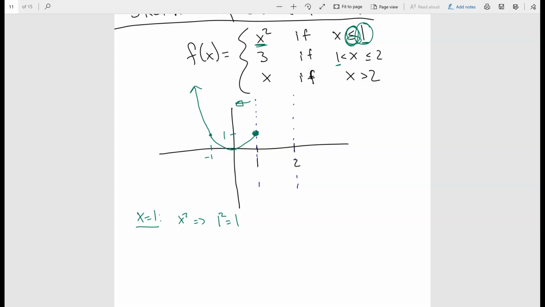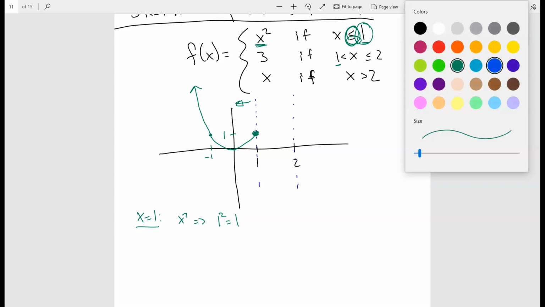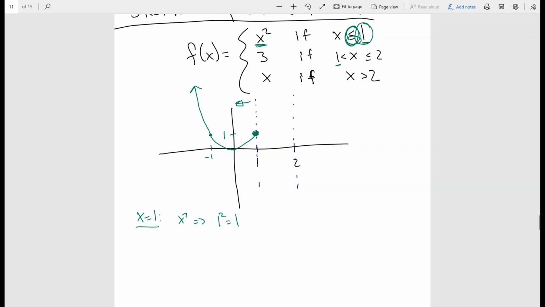Now, we do still have to check what happens here. In the second part, you see that you have a 3 if x is between 1 and 2. So what does y equals 3 look like? That's just a constant, right? So it looks like this. It's just a constant line. But it's not defined everywhere.